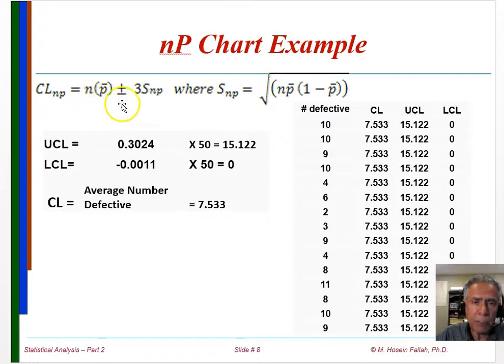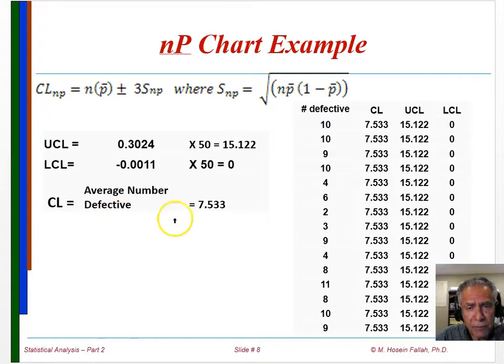So n times P bar plus and minus 3 standard deviation. If we multiply this equation by 50, we get essentially what I had before. The limit in the P chart was 0.3024. When you multiply by 50, it becomes 15.122, and the lower control limit again ends up being 0.